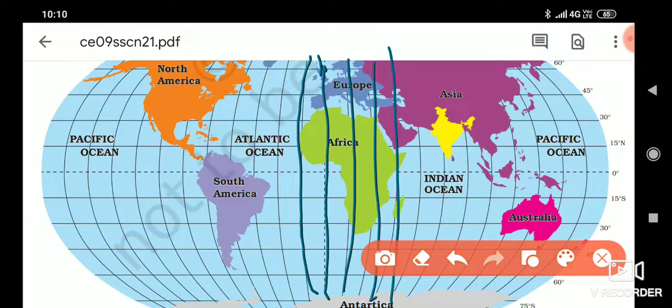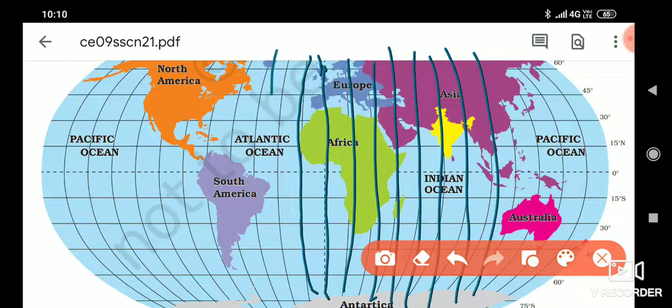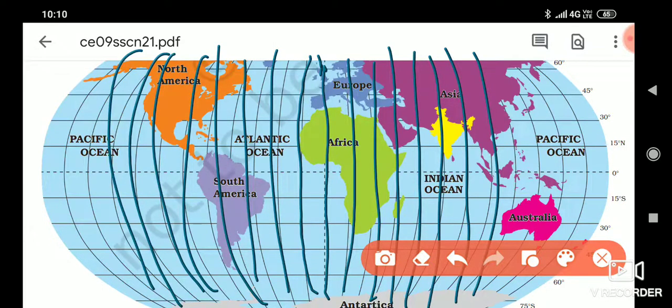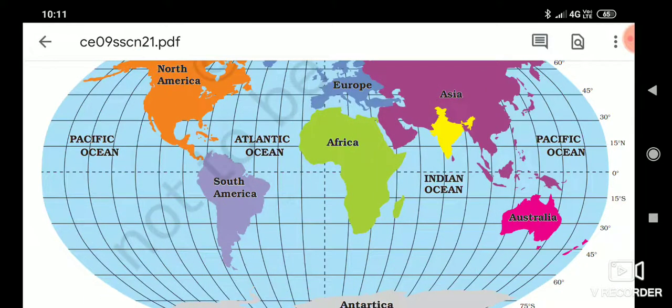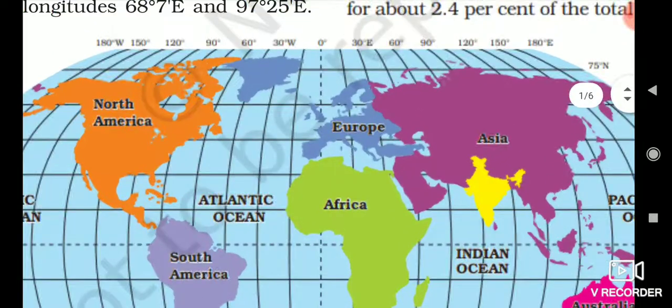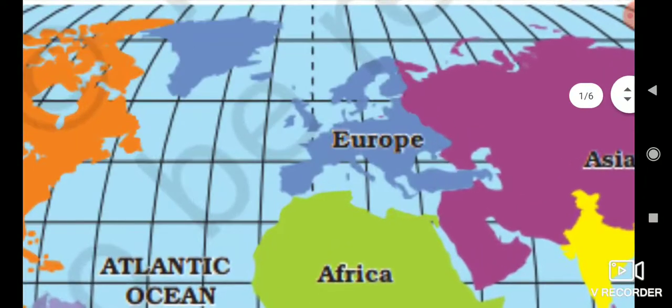All the lines parallel to the prime meridian are known as longitudes. These lines start from the pole and end at the southern pole. Let's find out the 0 degree of the longitudinal extent also.